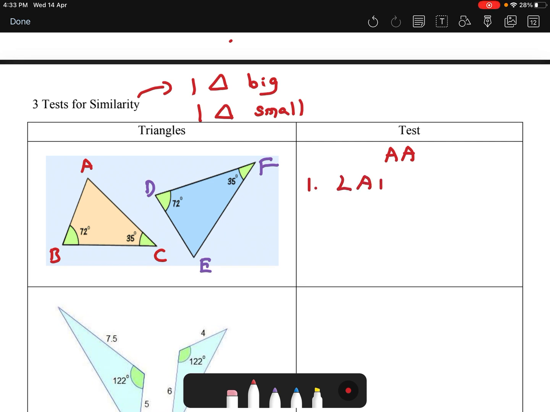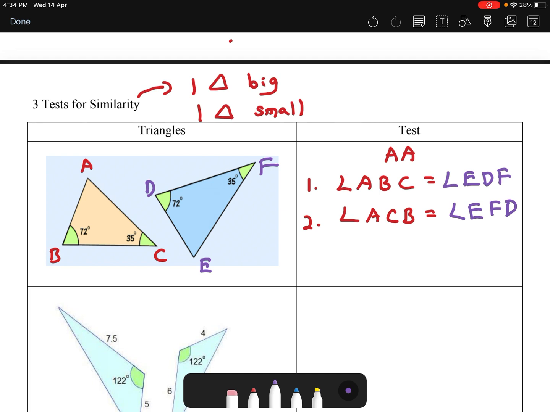So angle ABC is equal to angle EDF. So this is the 72 degree. Then I need to prove the second angle, the 35 degree, which is ACB, equal to angle EFD.